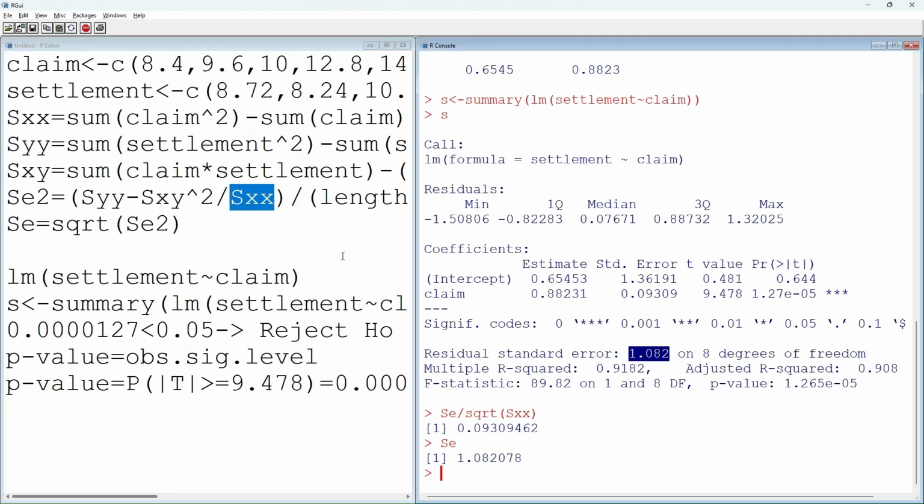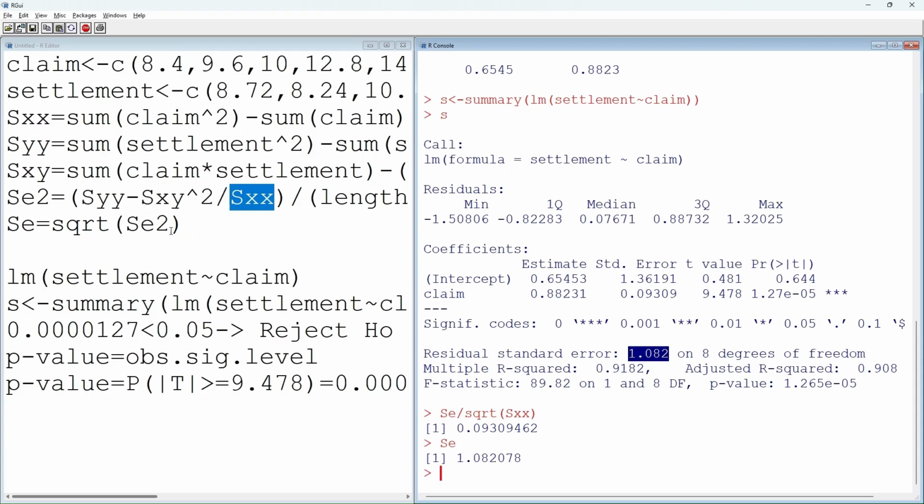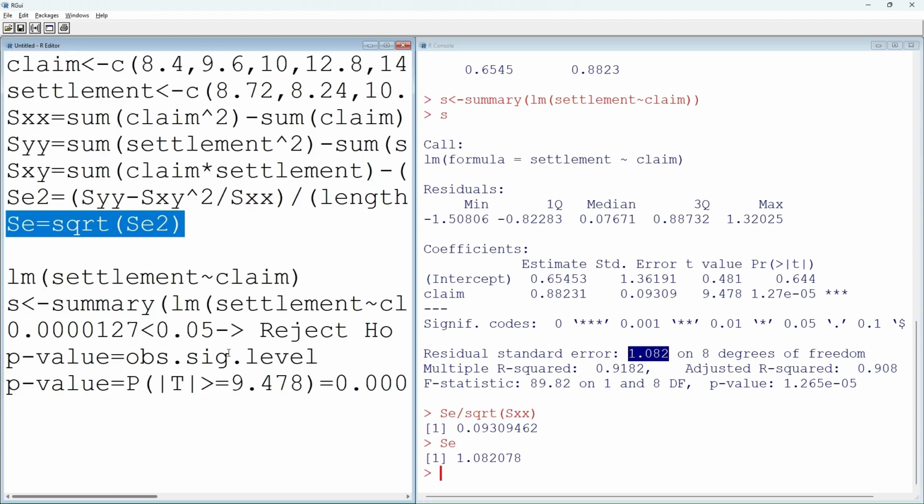If the sum of squares of x and all this information are not given, generally I'm not going to give you that. But if you have a small data set, you might have to compute it yourself. At least you know how this is obtained. The residual standard error is just that component of the equation that I explained to you.